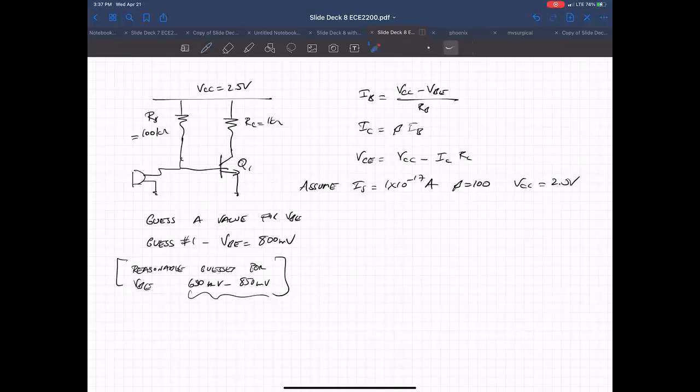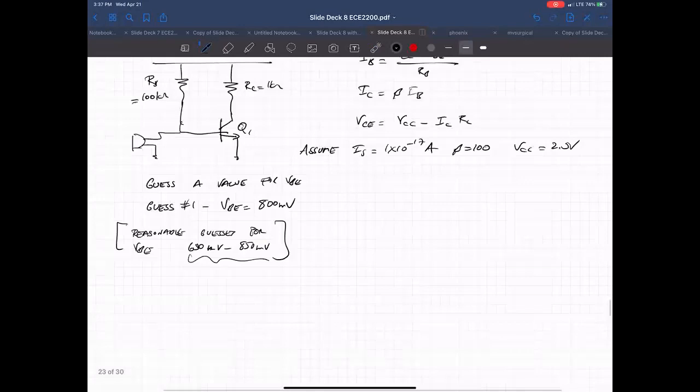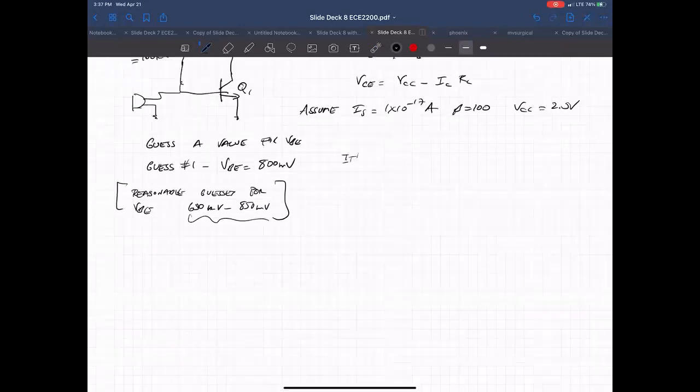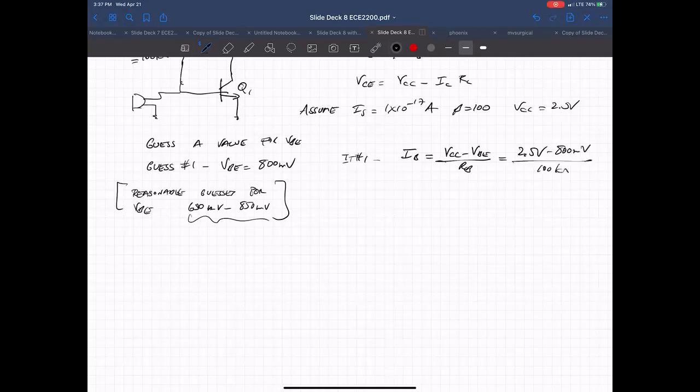So we can guess something in the middle there, 800 millivolts. And then we're going to start this first iteration. So iteration number 1, we start by calculating I sub B using that VBE value over R sub B. And so it's 2.5 volts minus 800 millivolts over 100 k ohm.